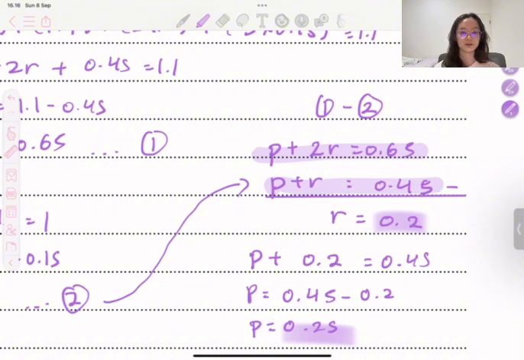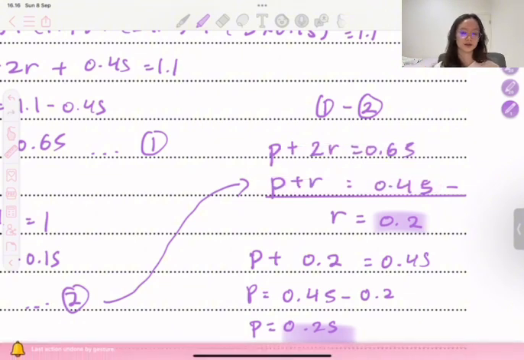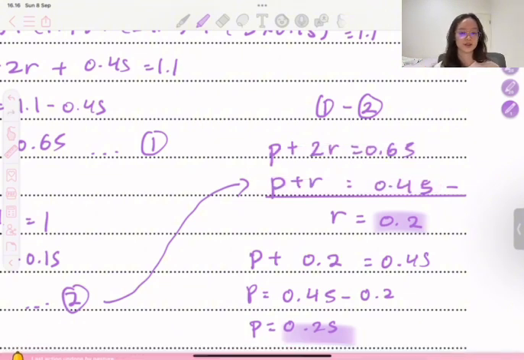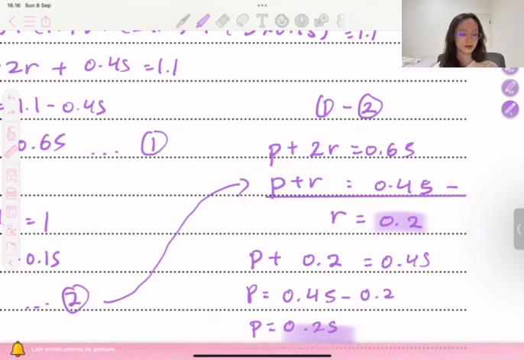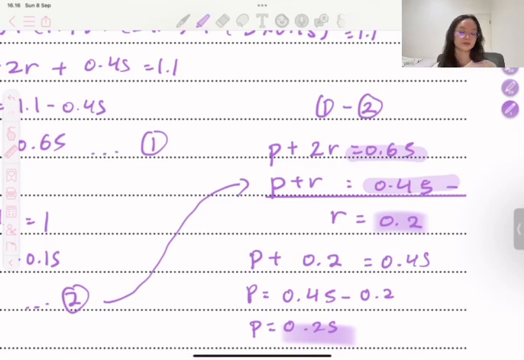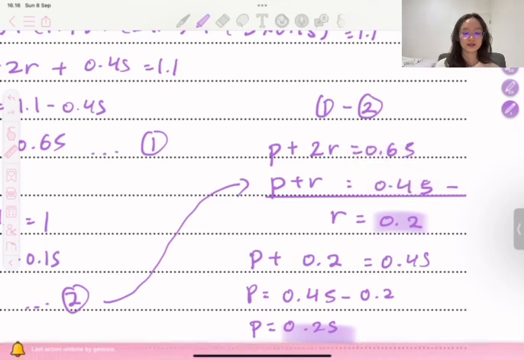Here we're going to subtract them. So p minus p is 0, so we can eliminate the p's. Then 2r minus r equals r. And then we have 0.65 minus 0.45, which equals 0.2. So here we have our first answer, which is r equals 0.2.